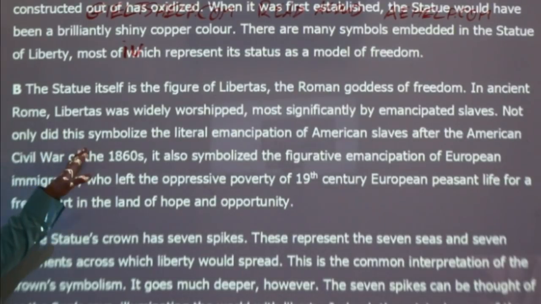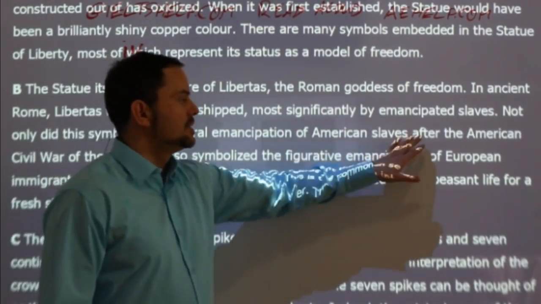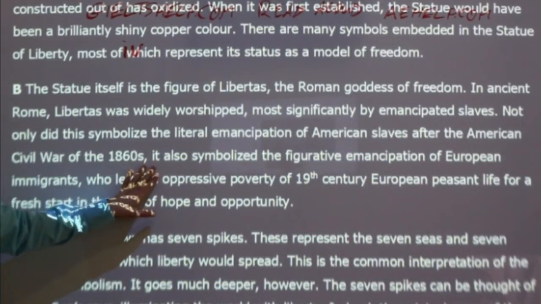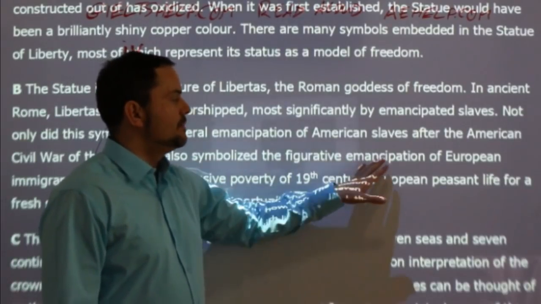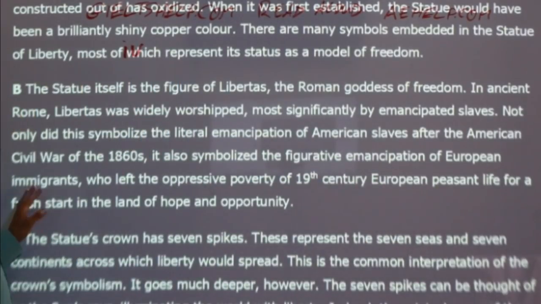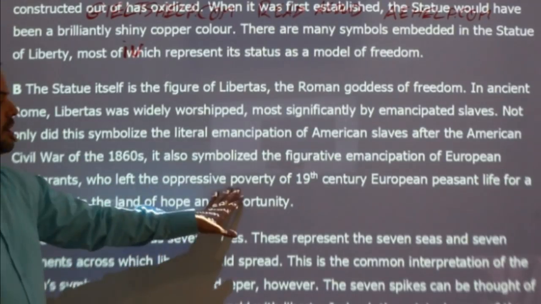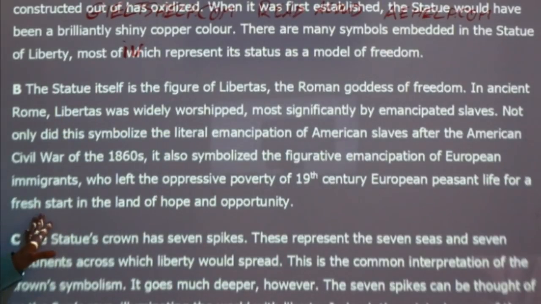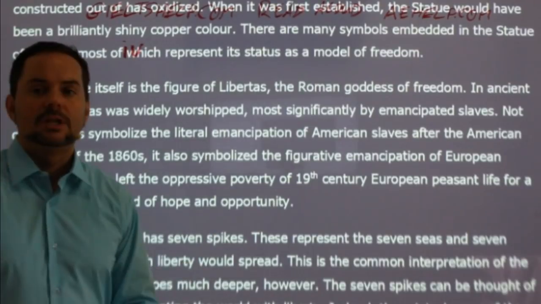Not only did this symbolize the literal emancipation of American slaves after the American Civil War of the 1860s, it also symbolized the figurative emancipation of European immigrants who left the oppressive poverty of 19th century European peasant life for a fresh start in the land of hope and opportunity.